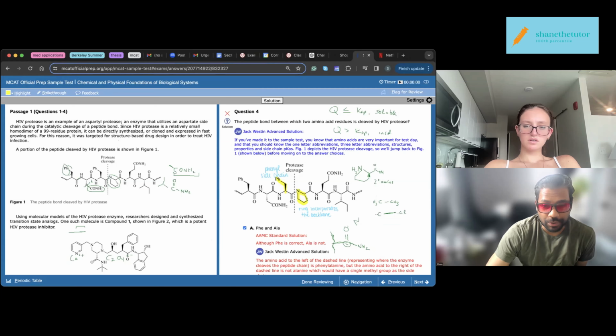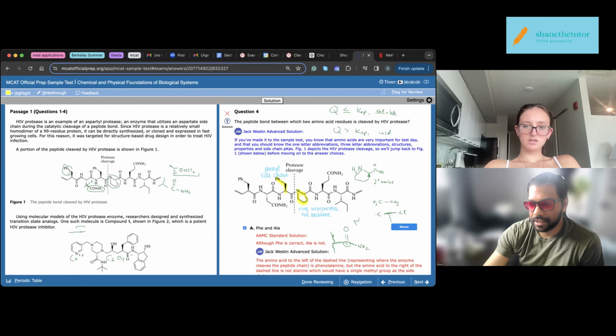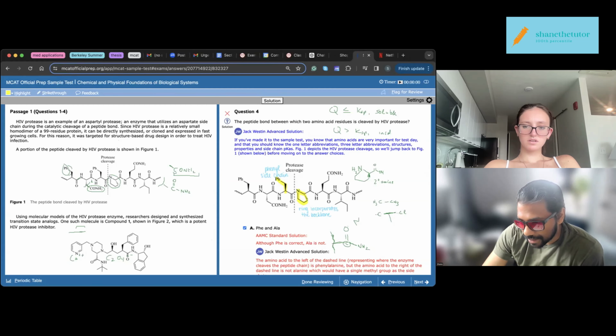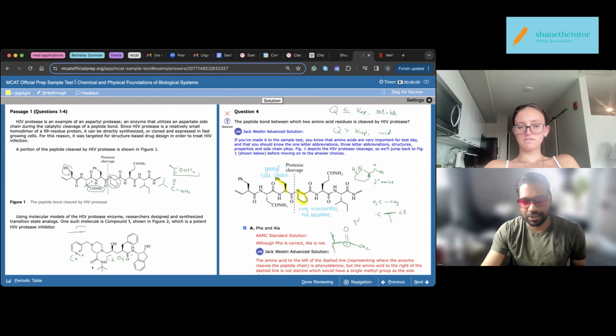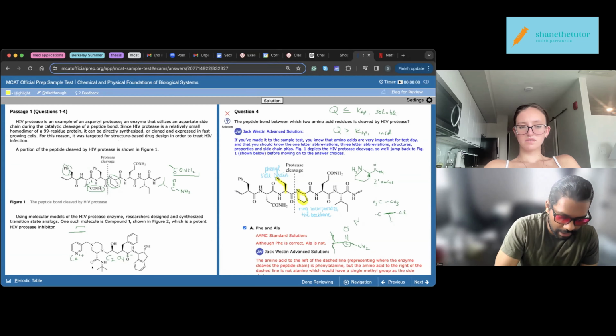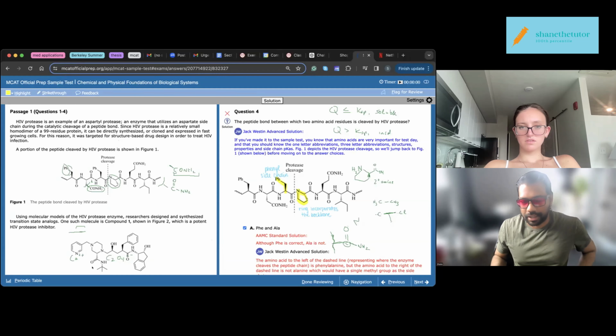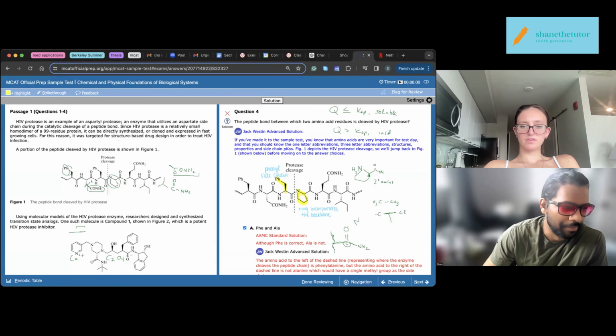But if I do another line like this without writing an atom at the end of that line, then it's implied that this is the CH3. So I think it's just this type of notation that you can practice. I'm going to write it down too. That's an easy fix.